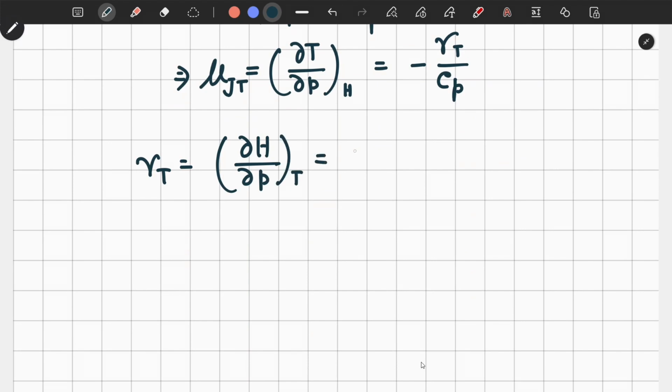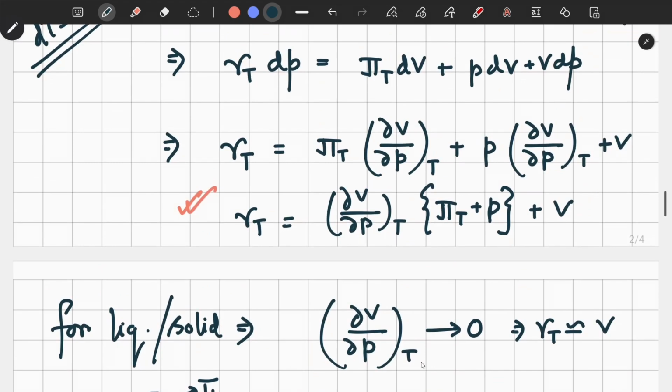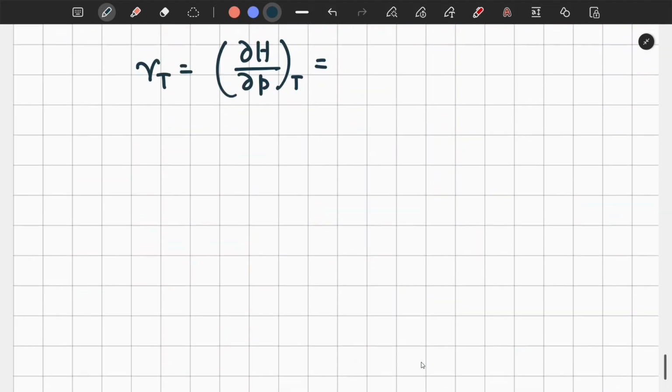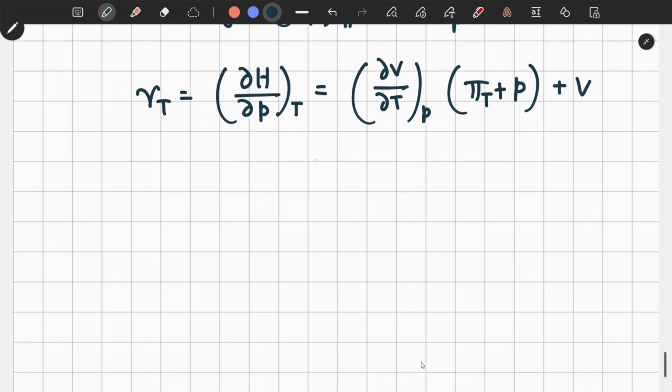Already we have derived del V del T at constant P times pi t plus PV. Pi t for an ideal gas is zero.